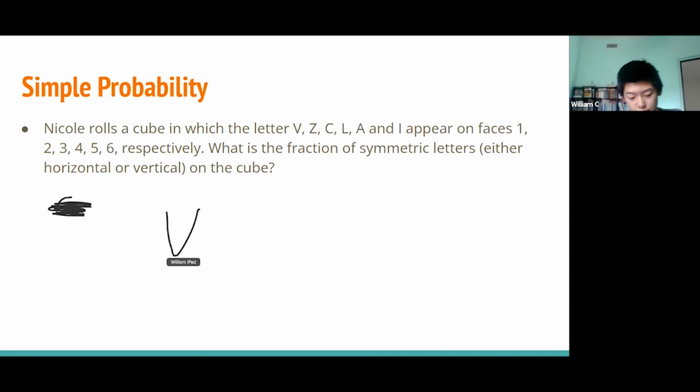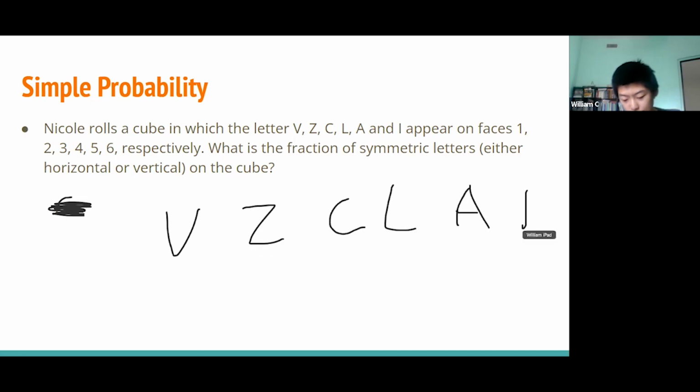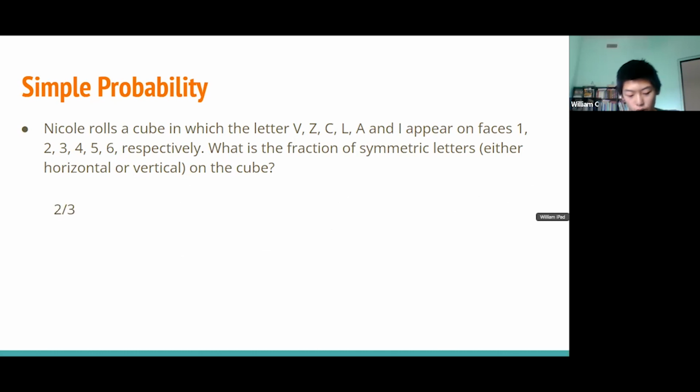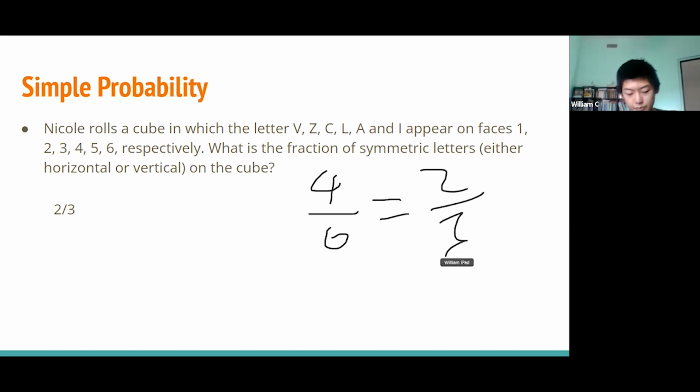So V, Z, C, L, A, and I. We can immediately see that L is not going to be symmetric, and C isn't either. However, Z, V, A, and I are. Therefore, we have 4 out of 6, which means the chance is 2/3 is our answer.